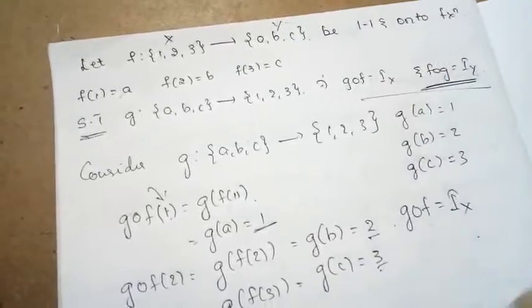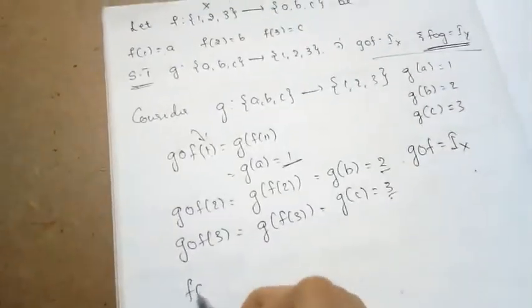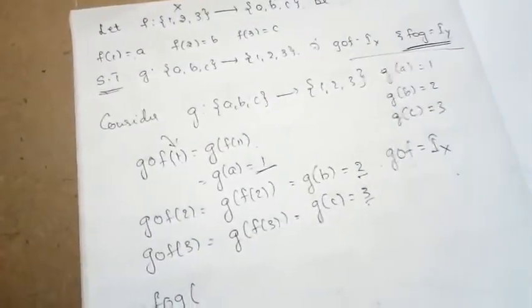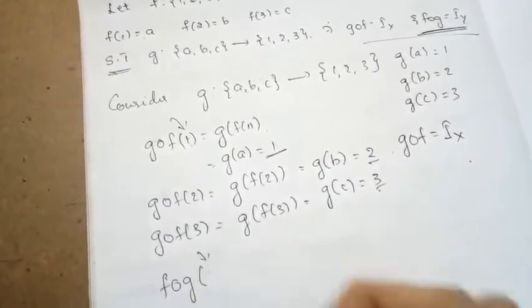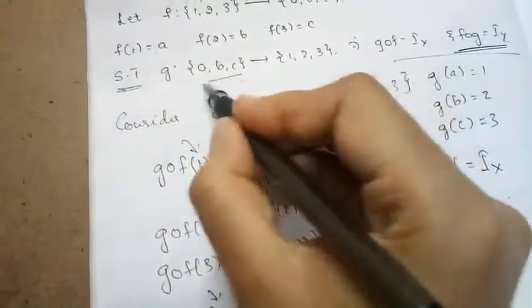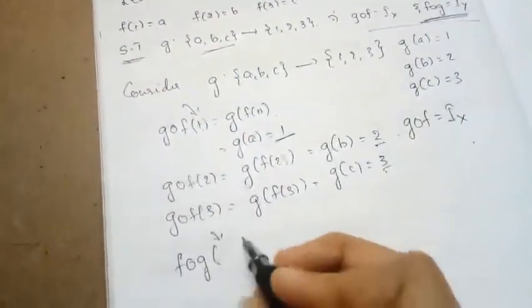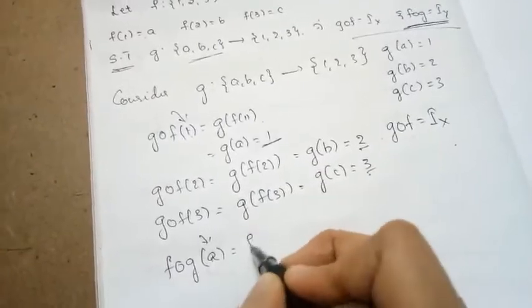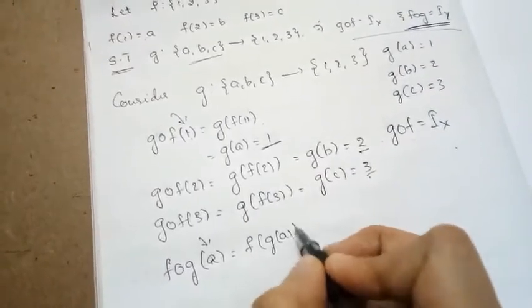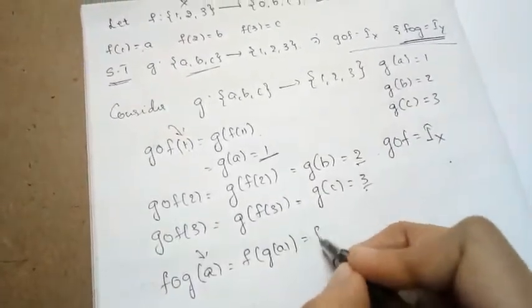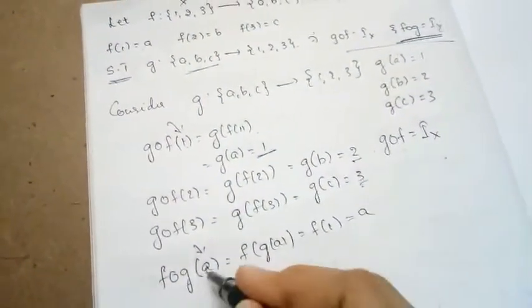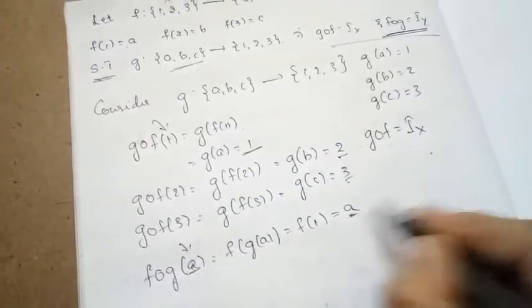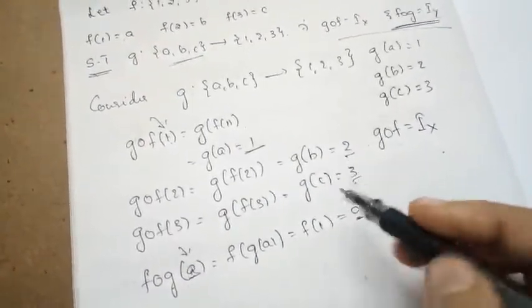Similarly, you can prove it for fog also. I am proving it for one input, and the rest of them you can do by yourself. For fog, which element are you going to take as input? The elements belonging to the domain of the function g, that is a. I can write it as f of g of a. What is g of a? It is 1. So what is f of 1? f of 1 is a. So you have inputted a, and you got the same element as output.